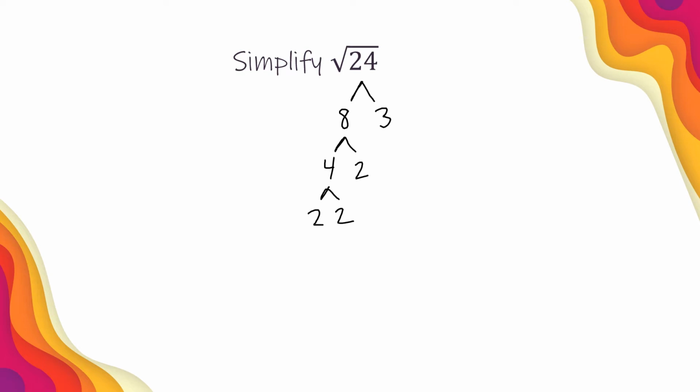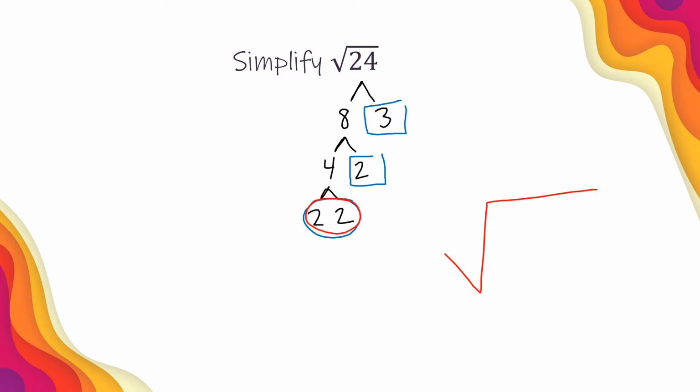So now you're going to look for your couples, so a pair. So I have a pair of 2s, and then I have a single 2 and a single 3. Okay, so when I'm writing my radical, my couples are going to go outside the house, and this is considered one couple. Okay, so you're not going to multiply that 2 times 2.